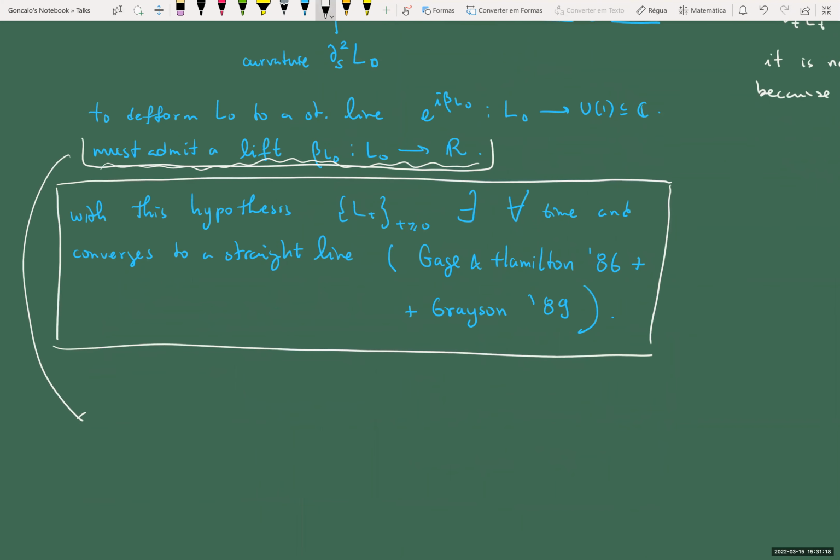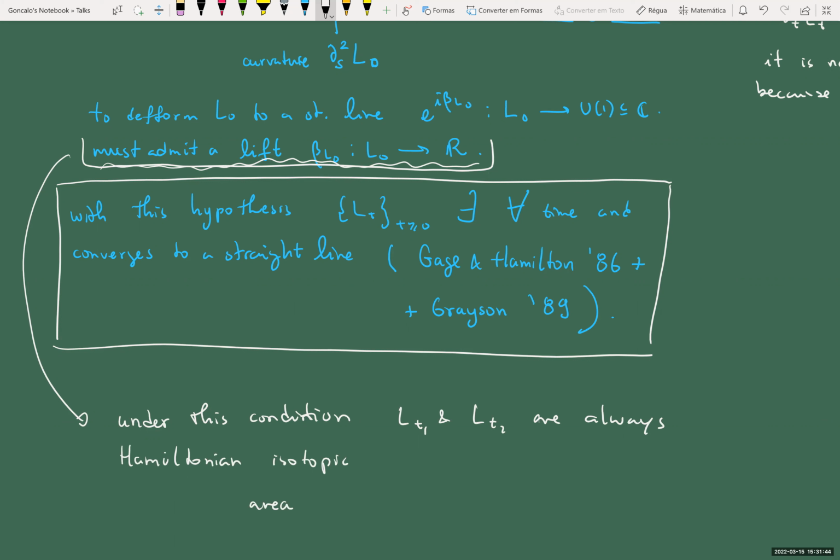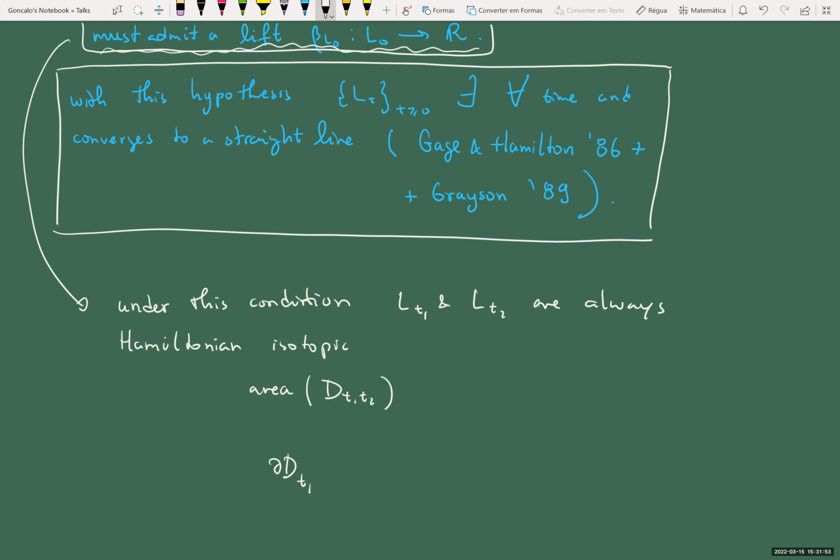Under this condition, L_t1 and L_t2 are always Hamiltonian isotopic, meaning that the area of the region D_{t1,t2} bounded by L_t1 and L_t2 is always 0.